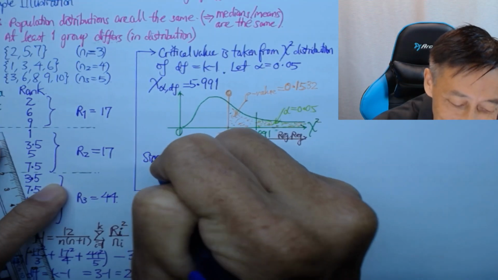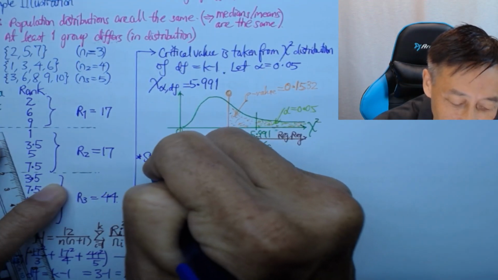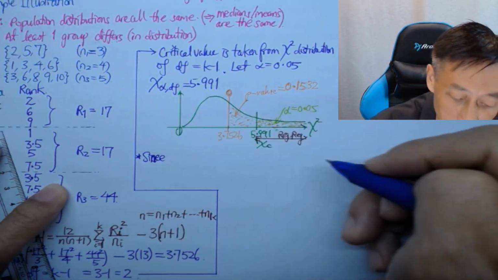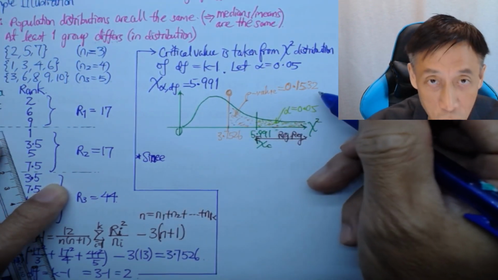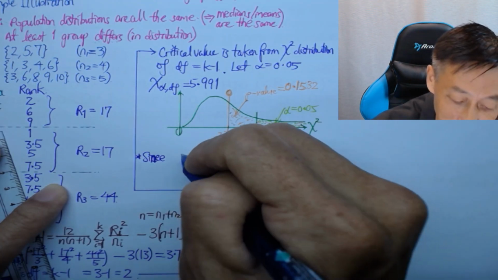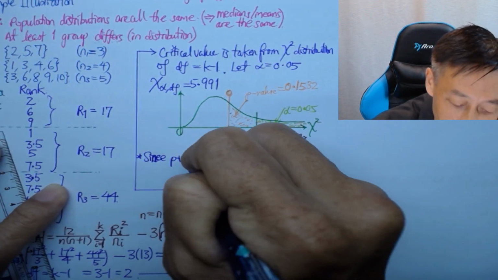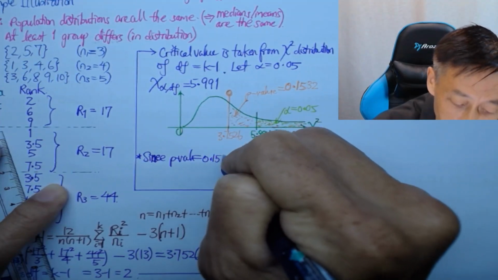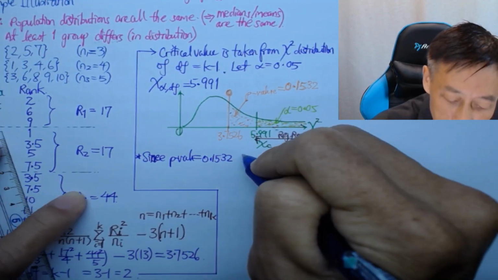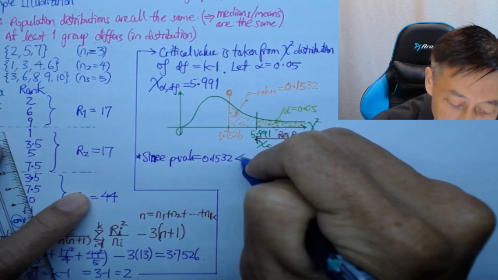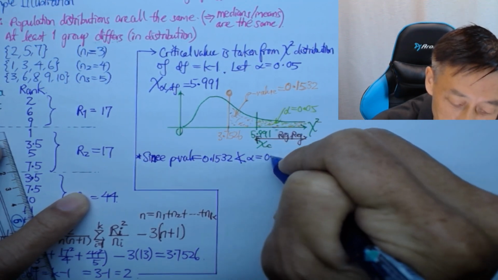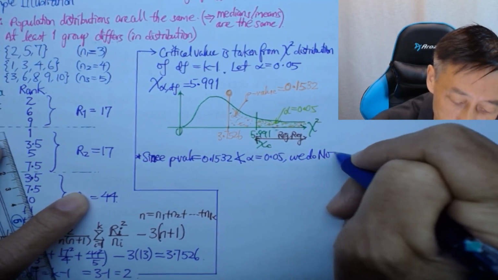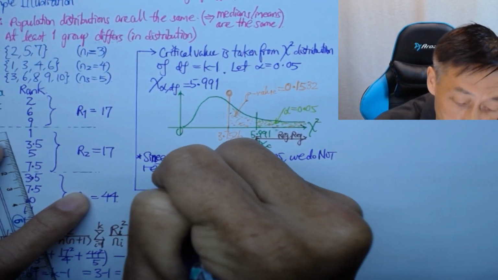So we'll say that, since this is the standard distribution, standard because it's chi-square, very well known, we use the p-value because we really trust our p-value to be very exact. Since the p-value is equal to 0.1532 and it is not less than alpha equals 0.05, we do not reject H naught.